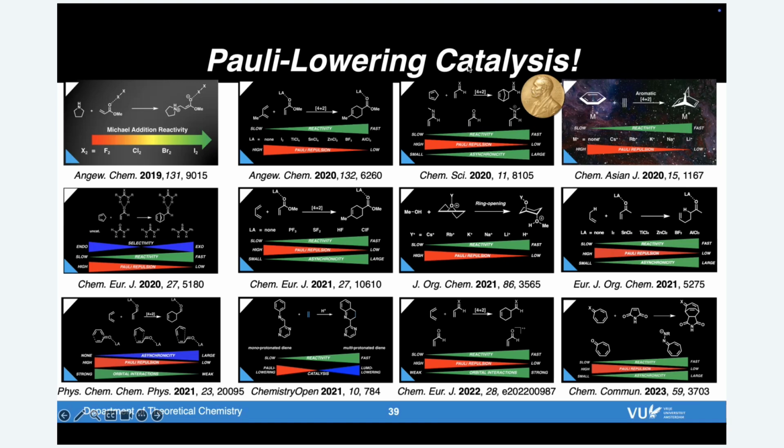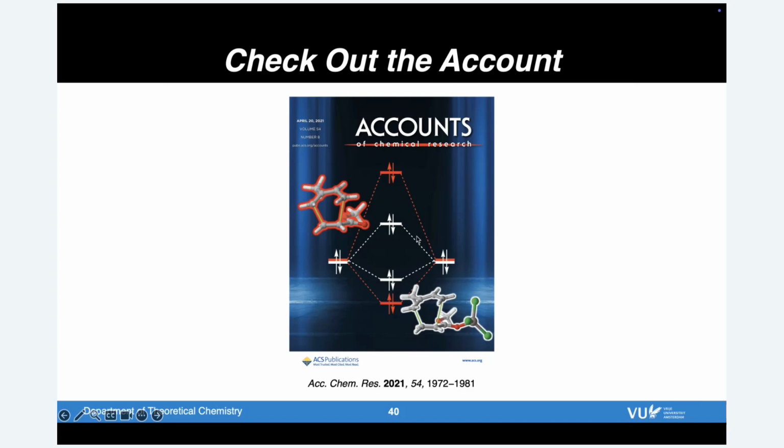We've studied, say, aminium catalyzed Diels-Alder reactions, aromatic 4+2 cycloadditions, bifunctional hydrogen bond catalyzed reactions, so on and so forth. So really a diverse range of cycloaddition reactions are governed by this mode of catalysis. So we would argue it's quite a broad phenomenon and something to be aware of. A few years back, we also summarized our findings in an account as part of the ACS.